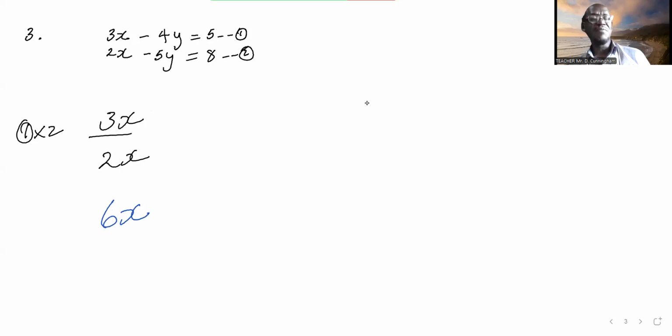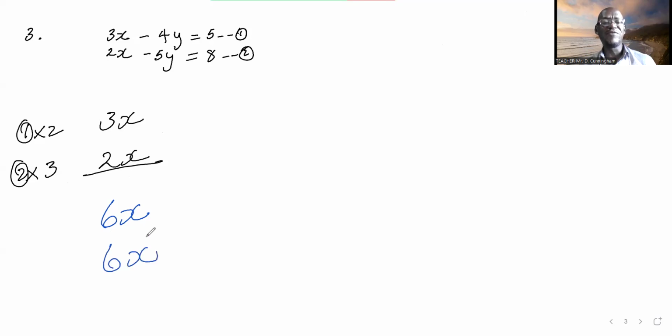And if I multiply equation 2 by 3, then the 2x becomes what? 6x. Yeah, I'm multiplying the 2x by 3. So now are the coefficients the same, people? Yes, sir.